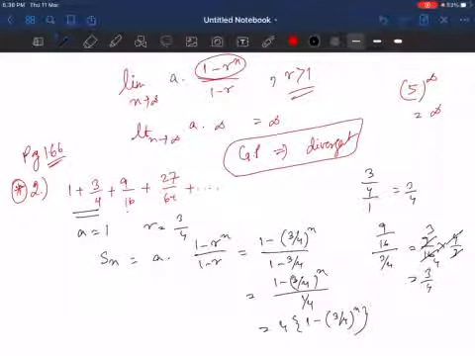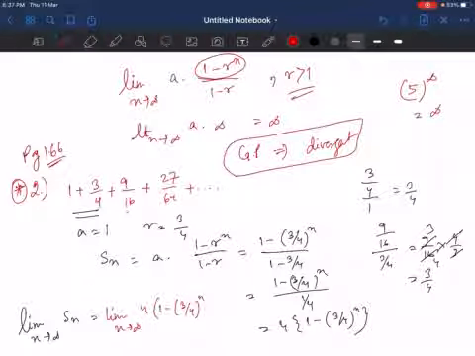But now we have to check what? For convergent or divergent, I will check when n tends towards infinity, whether this sum gives us a finite value or an infinite value. So I will write limit n tends to infinity Sn. That is equal to limit n tends to infinity 4 into 1 minus 3 by 4 whole to the power n.